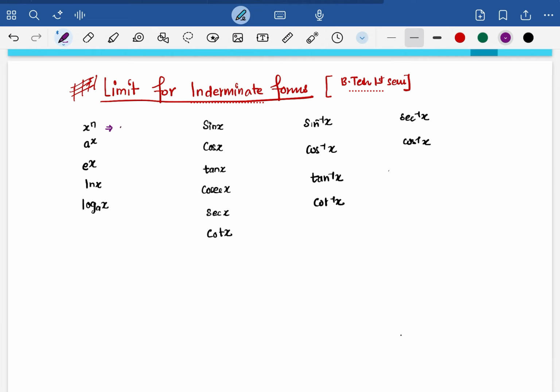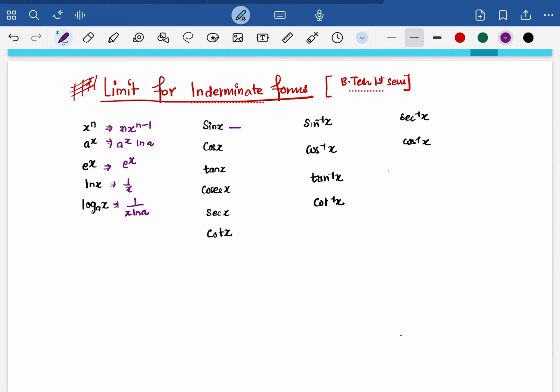So n x to the power n minus 1, e to the power x, ln x differentiation is 1 upon x, and log a x is 1 upon x ln a.